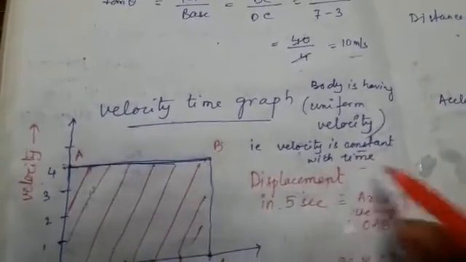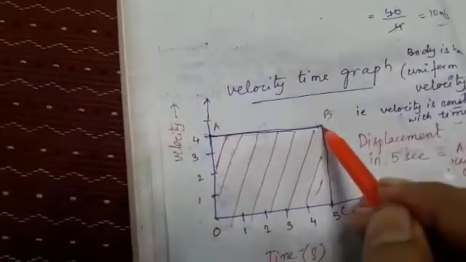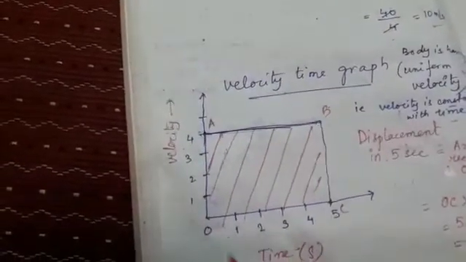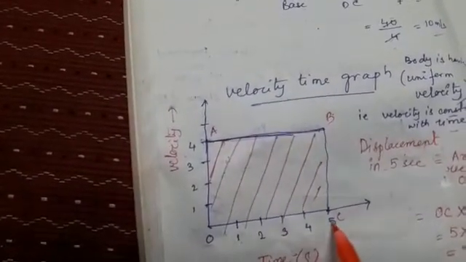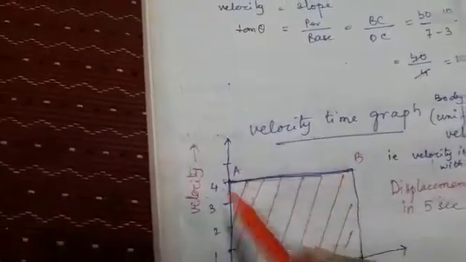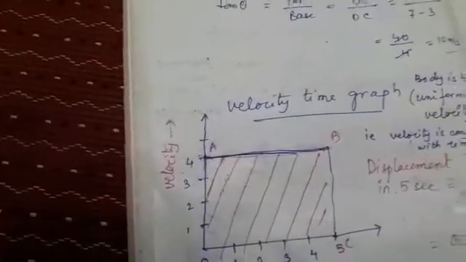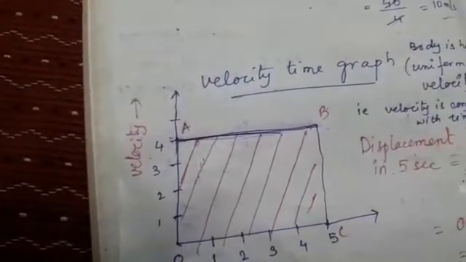So here the velocity is not changing with time, even if the time is changing from 0 to 1, 2, 3, 4, 5 seconds, the velocity is constant, which is 4 meter per second fixed.